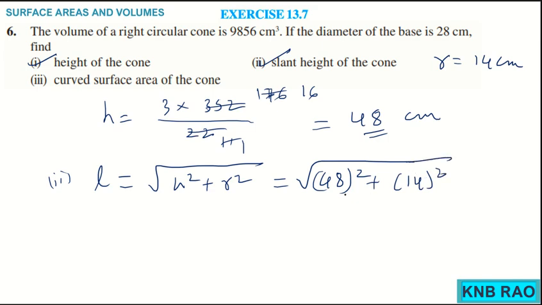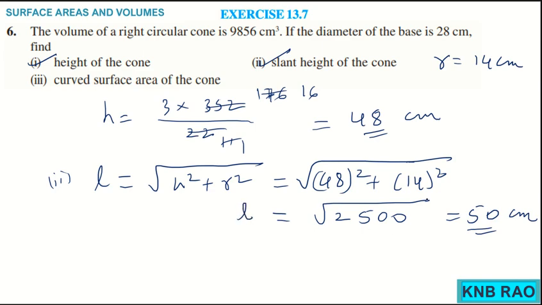Children, a little bit of calculation you have to do. 48 square plus 14 square, and if you go ahead you will get 2500 being the sum of this, and thus 50 will be the slant height. So L value is 50 centimeter.